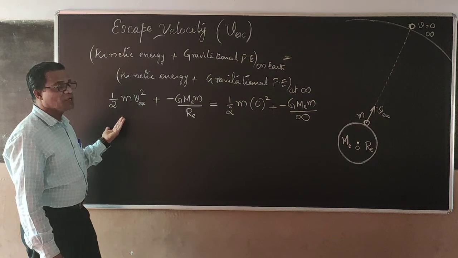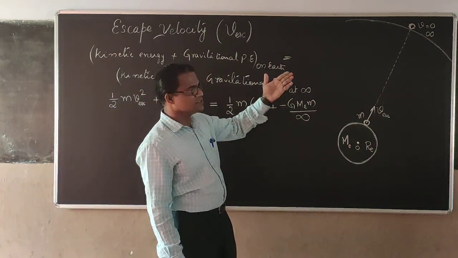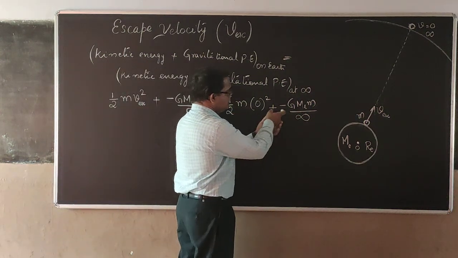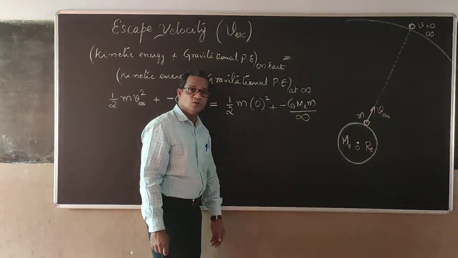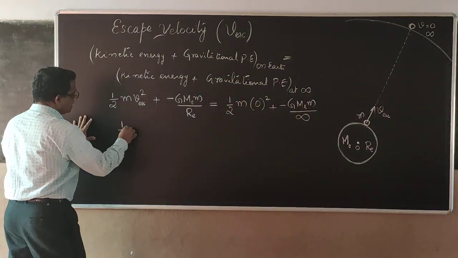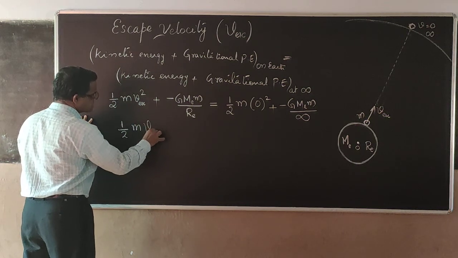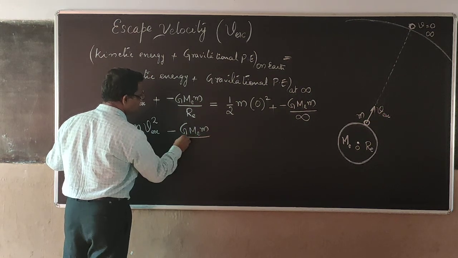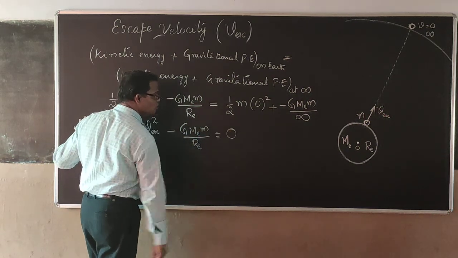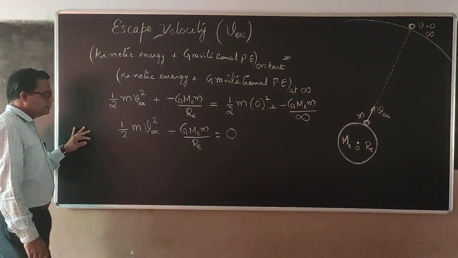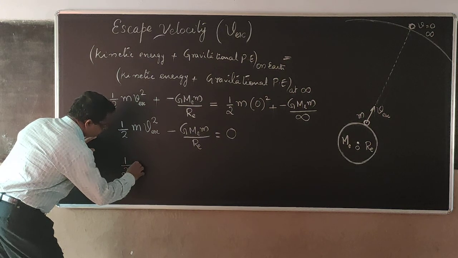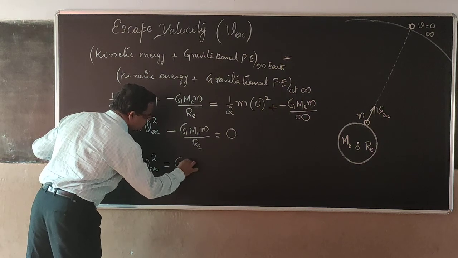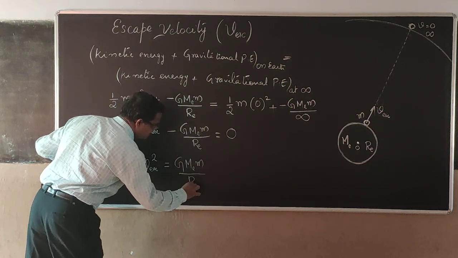So this is the conservation equation applicable for this case. Now on the right hand side, the kinetic energy is 0. Anything divided by infinity is also 0. Therefore, you get half m v escape square minus G Me m divided by Re equal to 0. Simple. Then half m v escape square equals G Me m divided by Re.